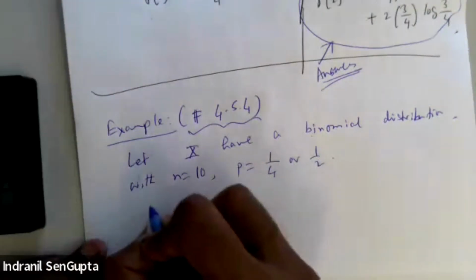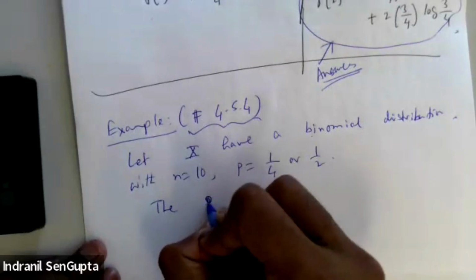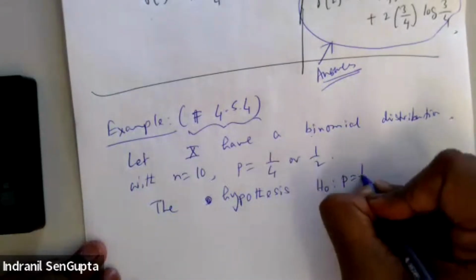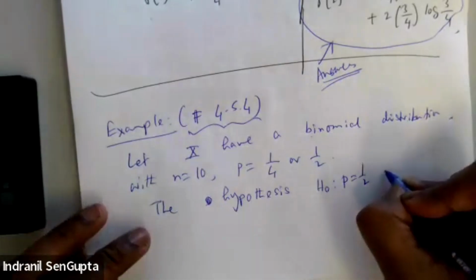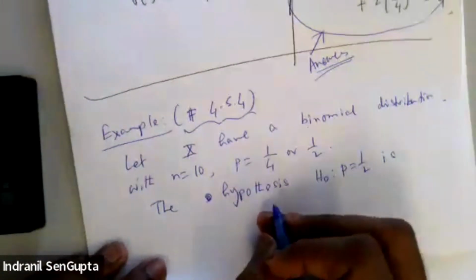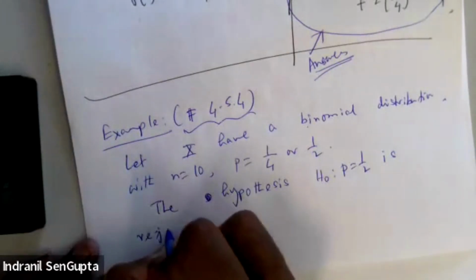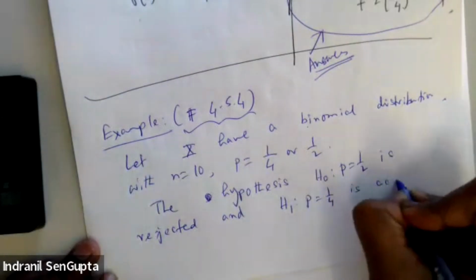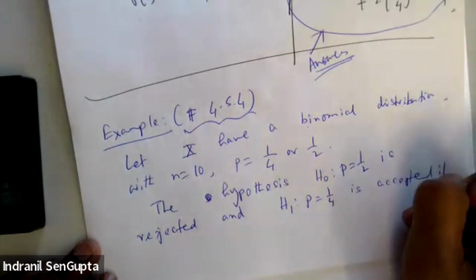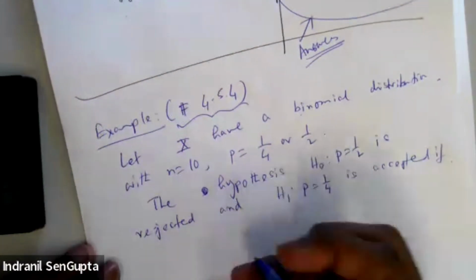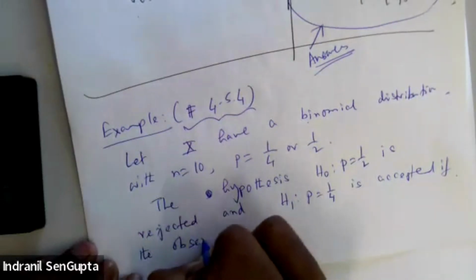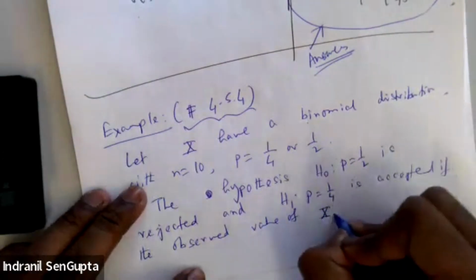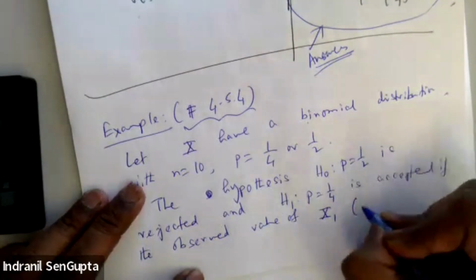So the hypothesis H0, which is p equals 1/2, is rejected and H1, which is p equals 1/4, is accepted if the observed value of x1, it's basically a random sample of size 1.